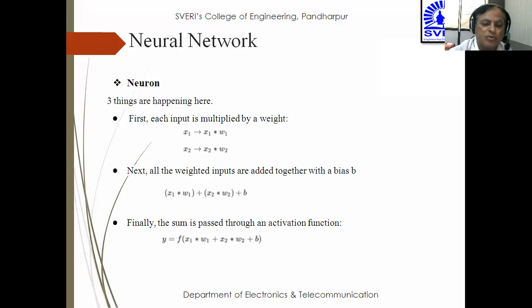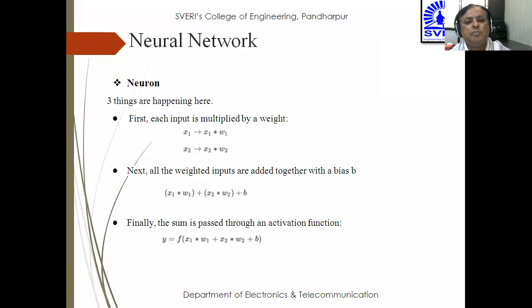Similarly, the bias is also one of the parameters where we can change the value to reduce the error. So w1, w2 and b are the things which are in our hand to change, according to how much error you're getting in the output.